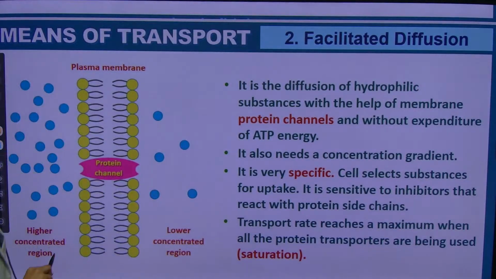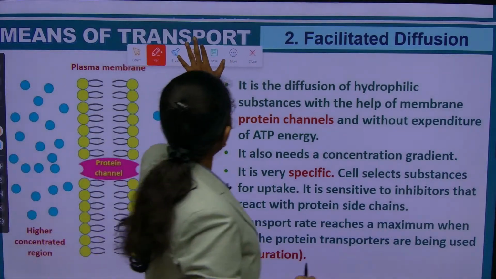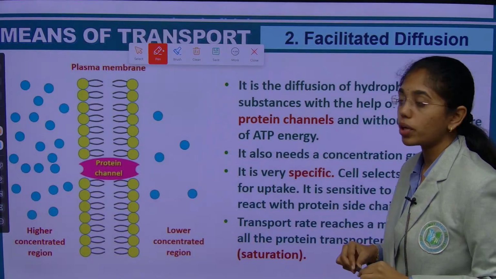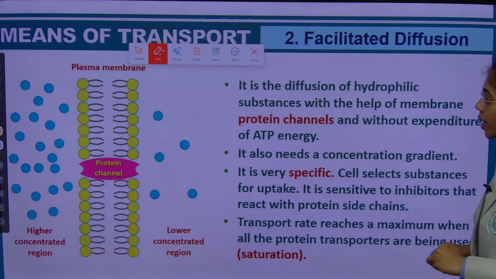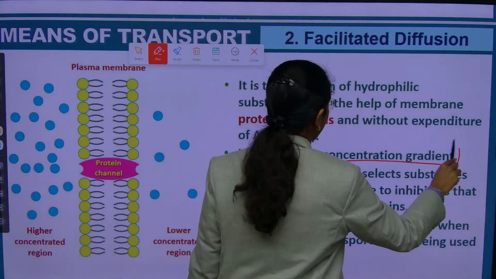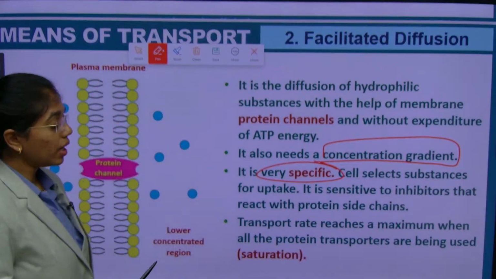So, it is the diffusion of what molecules? Hydrophilic substances. I already told you, those molecules which have a hydrophilic moiety will be transported by channel proteins or carrier proteins. It also needs a concentration gradient, and this will be very specific.